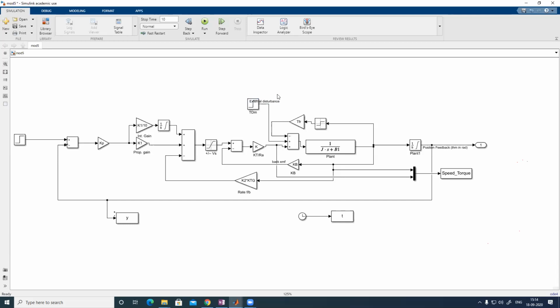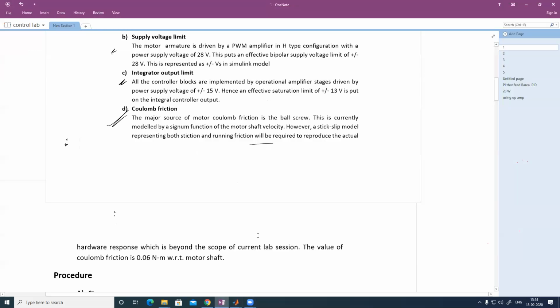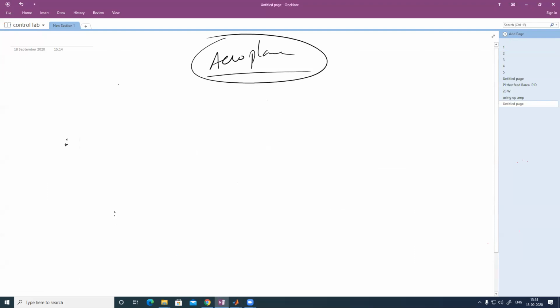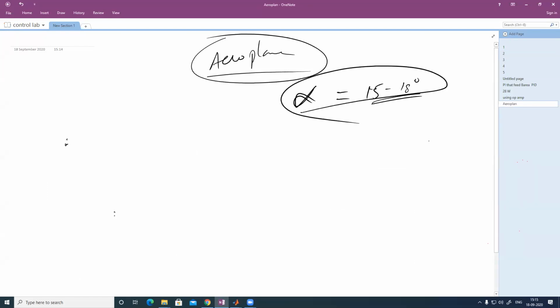An example of external disturbance: if you have an aeroplane, at lift-off the wing maximum alpha is 15 to 18 degrees, which is the normal value.